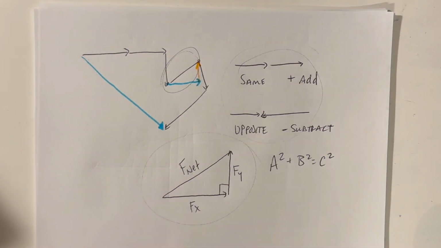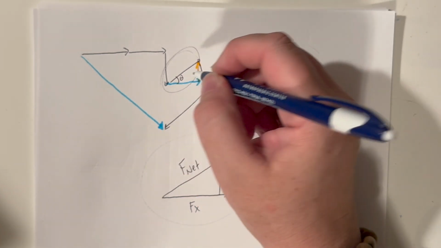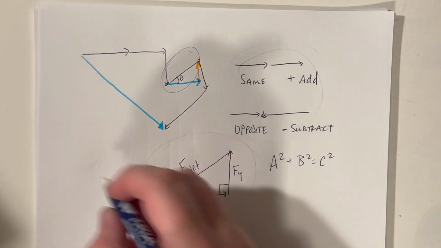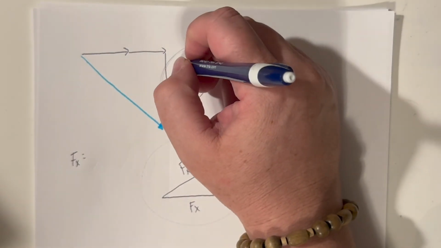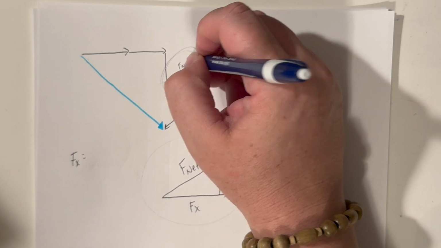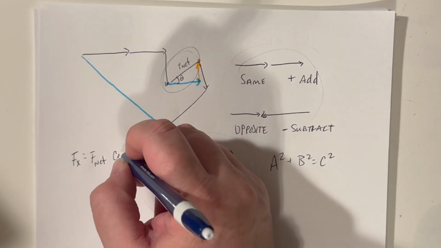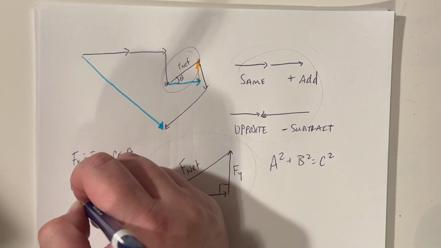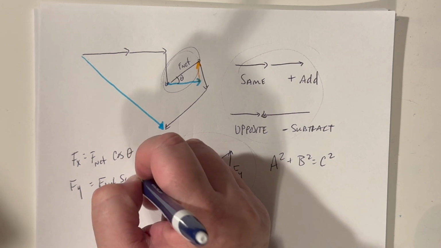And if you know what this theta is, which you should if there's information given here, again, you could go: F in the x direction equals F net cosine theta. F in the y direction equals F net sine theta.